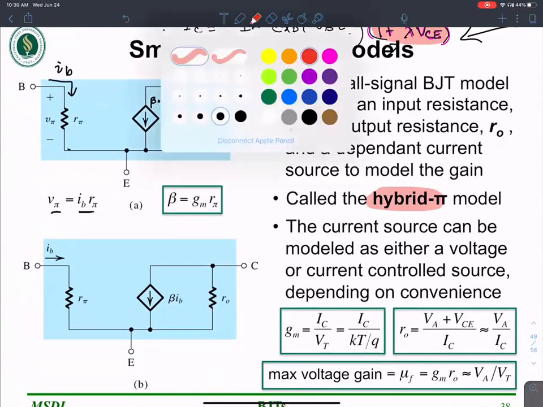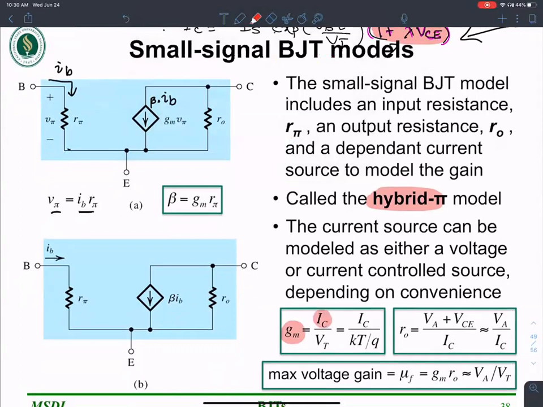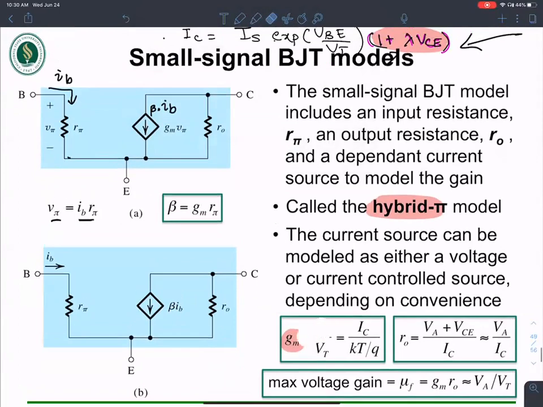And then remember these terms for gm, the transconductance, which is IC over VT. gm is defined as the change in IC for a change in VBE. By definition, it is how much the output collector current changes for a small change in VBE.